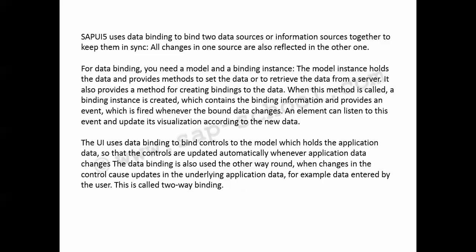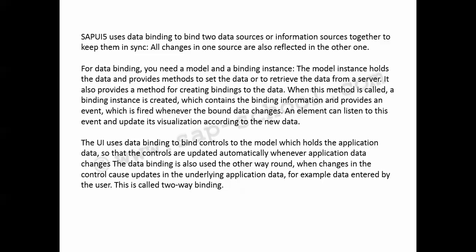So the UI uses data binding to bind the controls to the model which holds the application data, so that the controls are updated automatically whenever the application data changes. Data binding is also used the other way around, when changes in the control cause updates in the underlying application data, for example the data entered by the user.